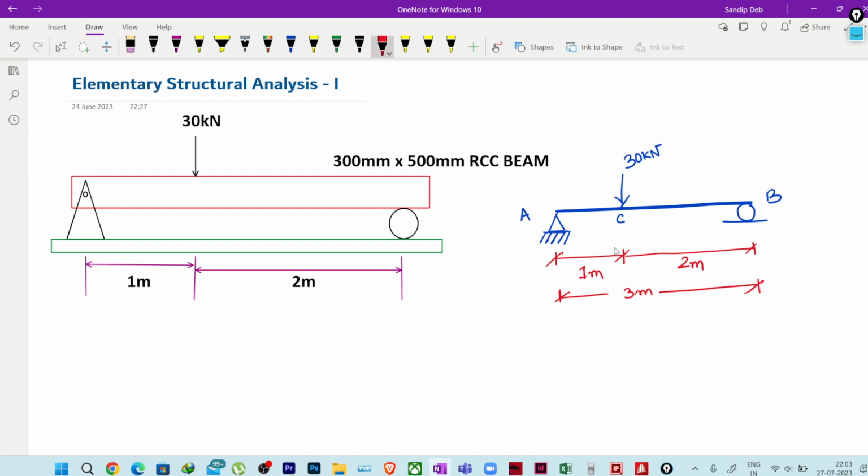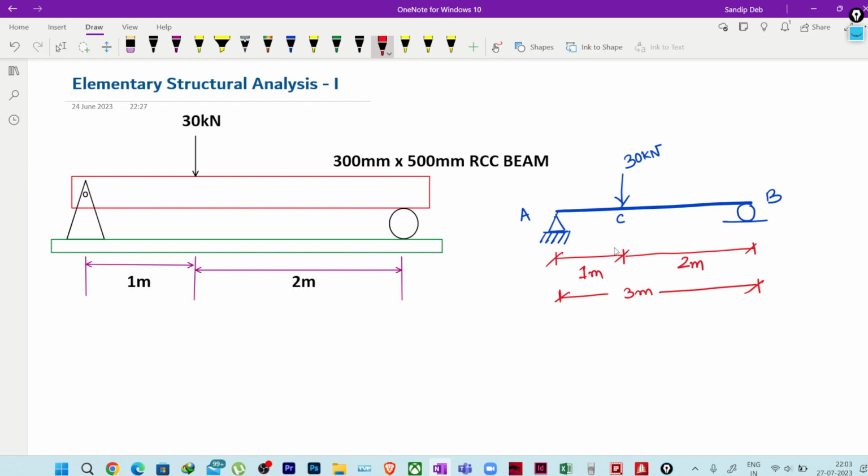That means the beam will be made of some material, maybe steel or RCC or maybe wood, right? Due to the size of the section and that material, we also get some self weight, the own weight of this particular beam. That should also be considered in the structural analysis in the real world, right?